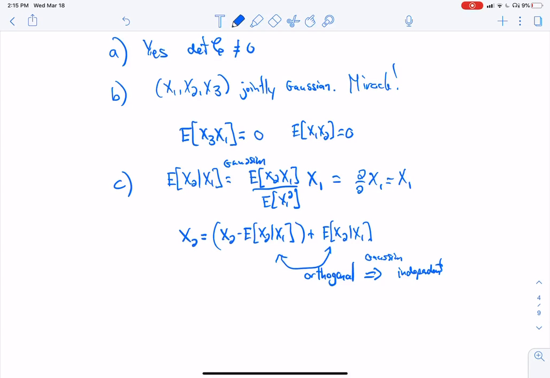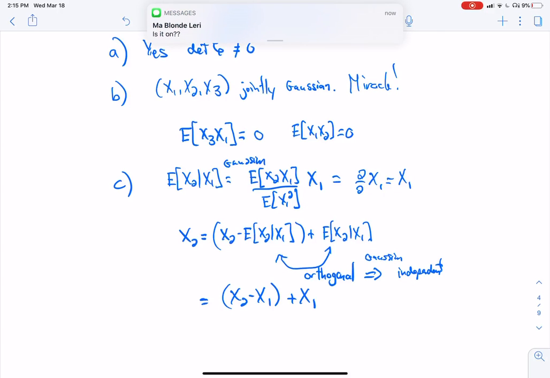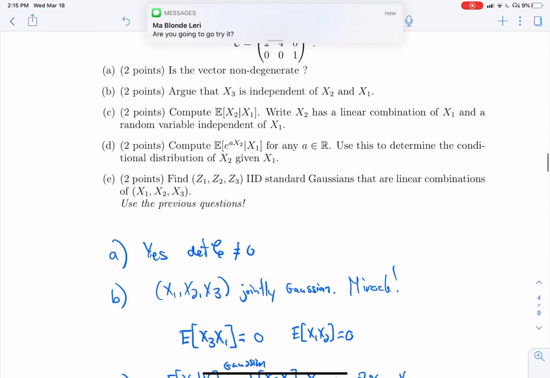So this orthogonal decomposition is actually an independent decomposition for Gaussian. Right? And I know the conditional expectation is just x1, so I can write this as x2 minus x1 plus x1. Again, this seems obvious. But remember that what is not obvious is that these two are independent, so that's the great thing. All right. So that's question number 2.